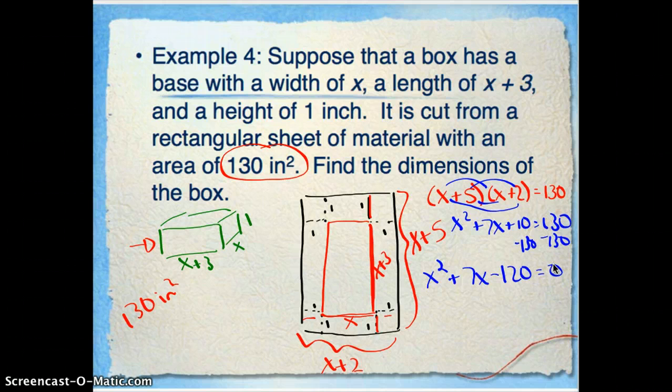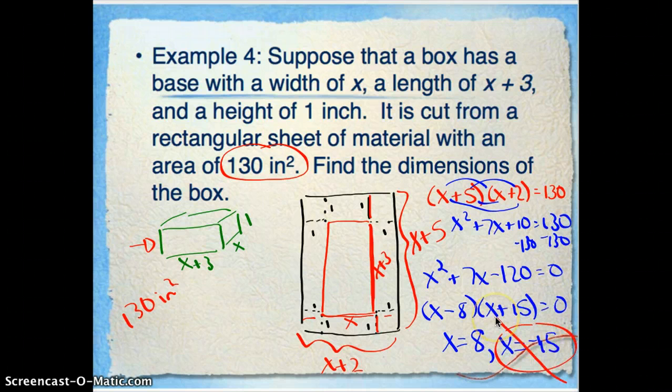And I'm looking for numbers that multiply to -120 and add to 7. So I'm going to find that 8 times 15, with x minus 8 times x plus 15 equals 0. So either x minus 8 equals 0, in which case x equals 8, or x plus 15 equals 0, in which case x equals -15. Hopefully it's kind of obvious that this is a box and x cannot equal -15, so x must equal 8.